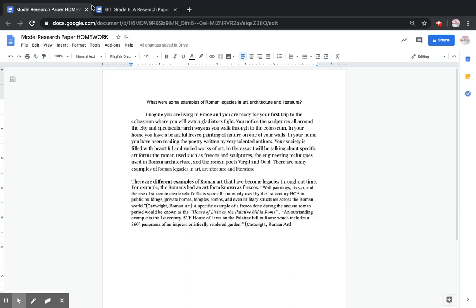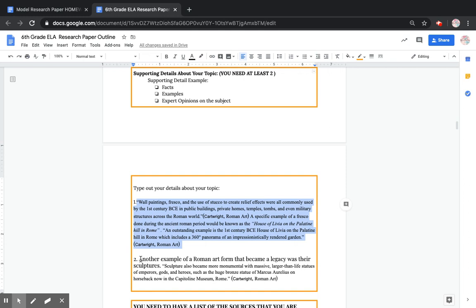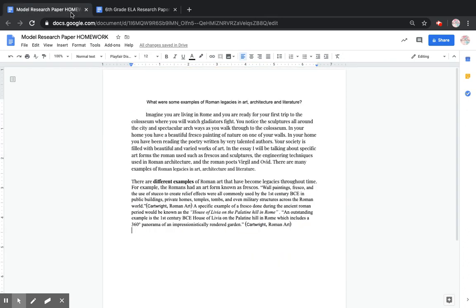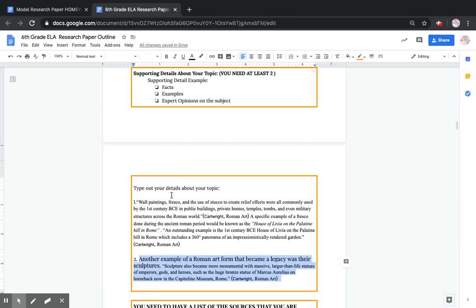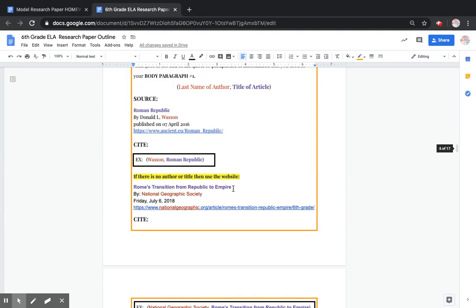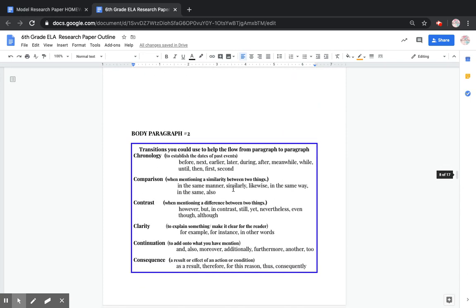I want to go through each one and double check. All right, yeah, I have my citation there. I can copy it and put it right in there. Cool, nice. Now I can go down to my next body paragraph.